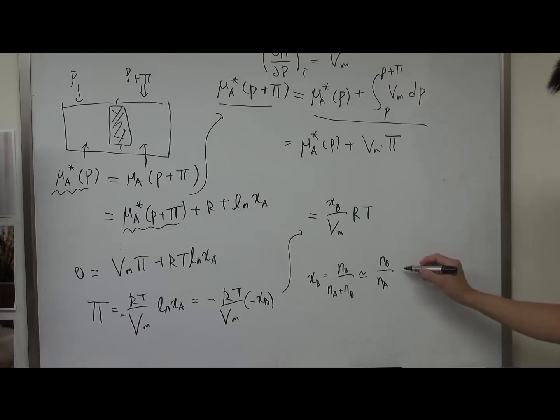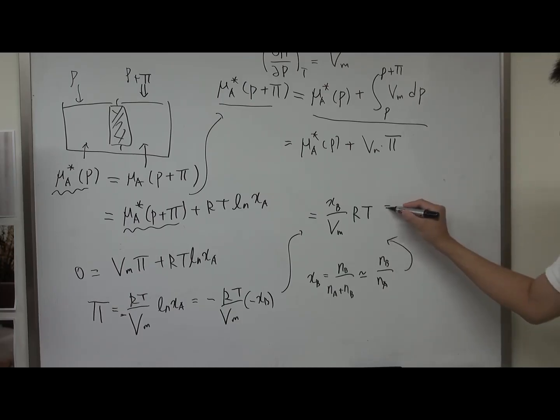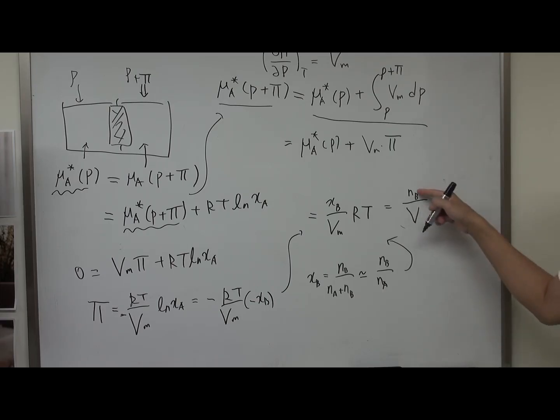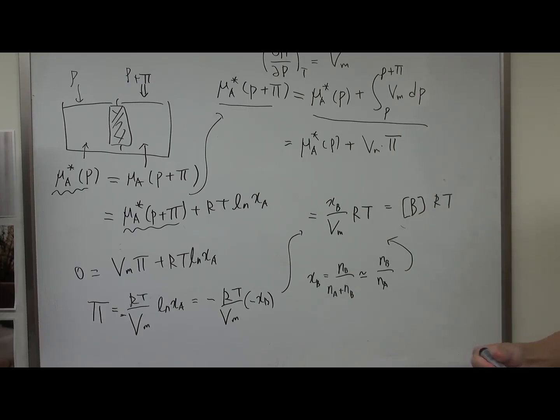So if you put that here, what you get is nB over nA times Vm times RT. And nA times Vm, number of moles times molar volume, is volume. Number of moles over volume is molar concentration. So finally we get pi is equal to B RT.